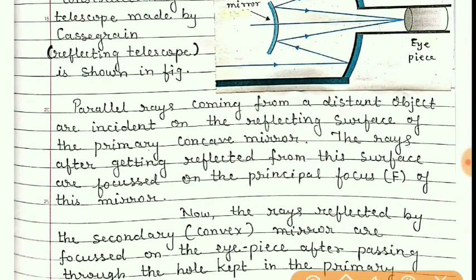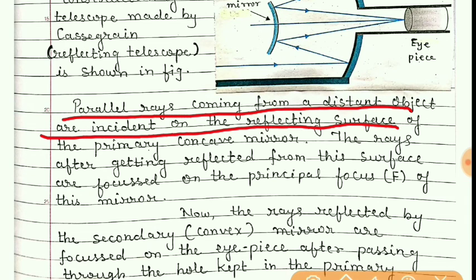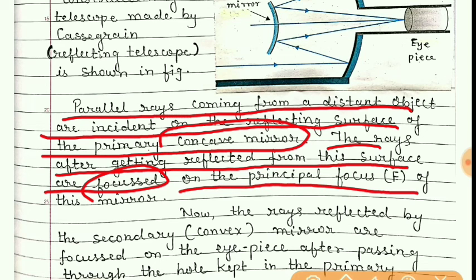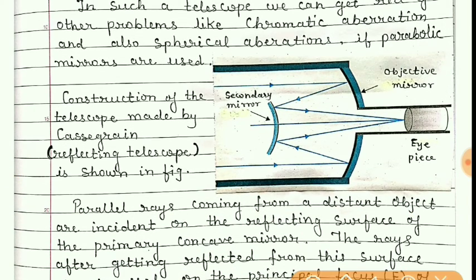Parallel rays coming from a distant object are incident on the reflecting surface of the primary concave mirror. The rays, after getting reflected from this surface, are focused on the principal focus of the mirror. Means after reflection, these are focused at the focal point of this concave mirror.